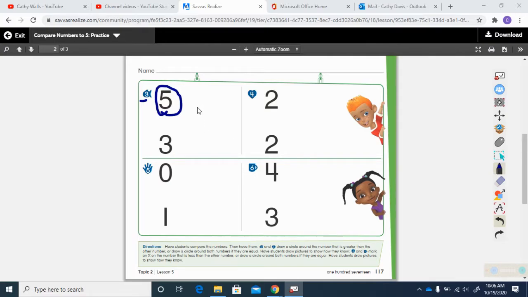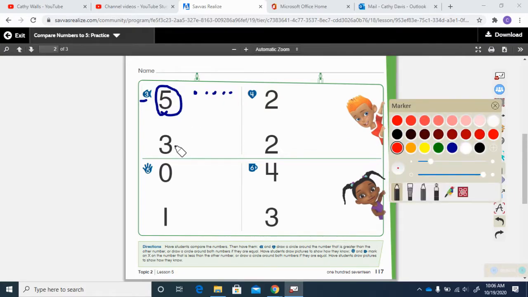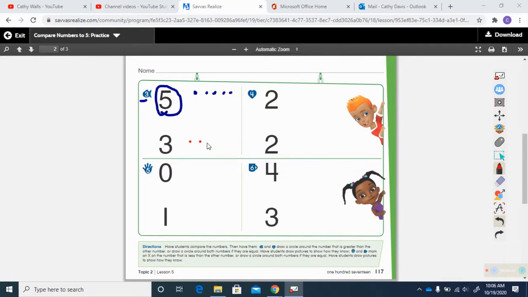So we have to draw pictures to tell how we know 5 is greater than 3. Since I still have my blue crayon, I'm going to draw 5 dots. Then I'm going to switch to my red one. And this is the number 3, so I'm going to draw 3 dots down here.